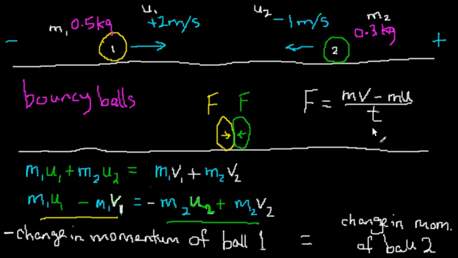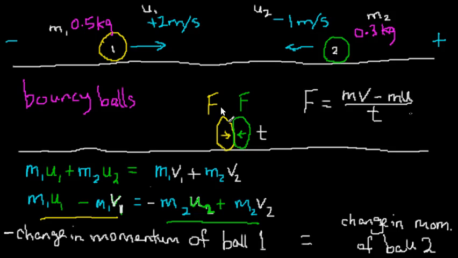So the time here would be the time during which the balls were in contact, in the process of being squashed and then rebounding. So that's the time here. Now what we can see here is that the important point about Newton's equation is that the force is directly related to the change in momentum over the time.